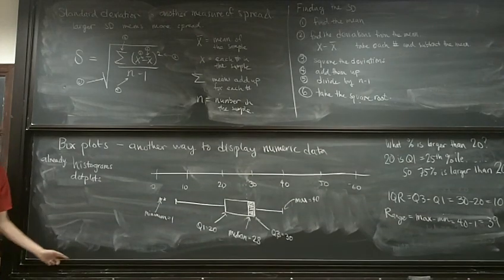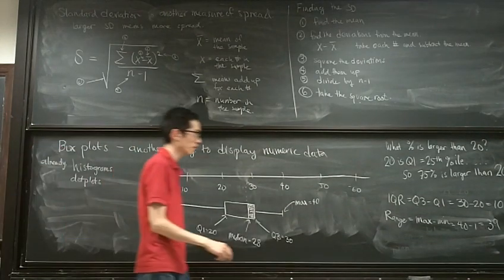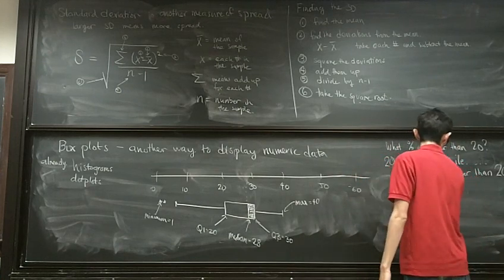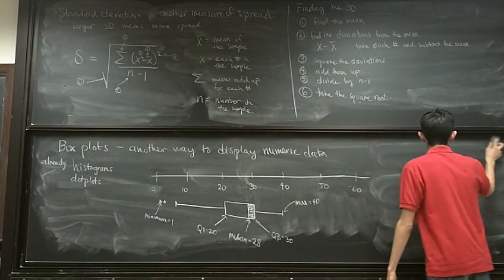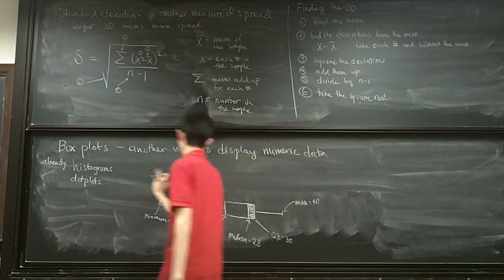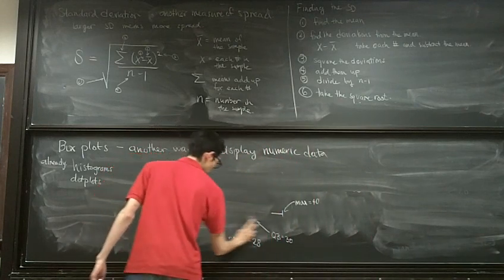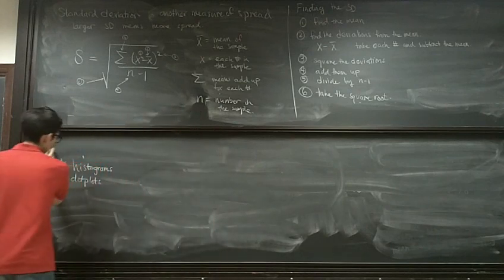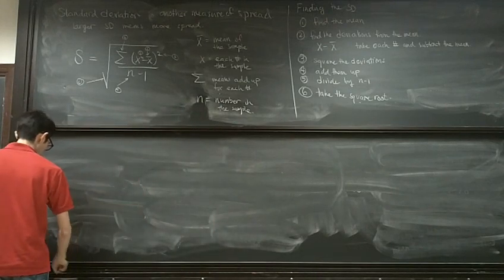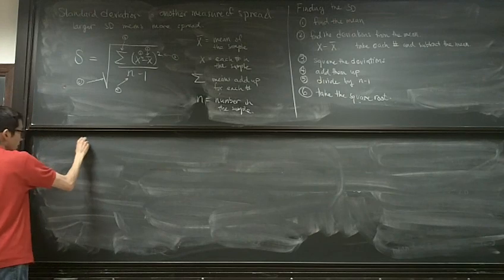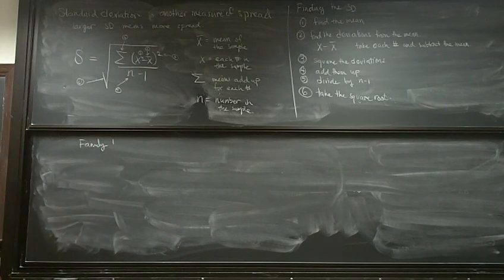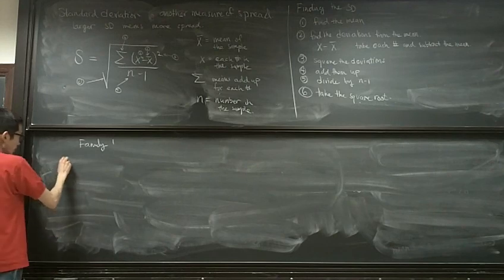All right, so let's try taking the standard deviation of a set of numbers. So we had family 1. What were their ages?